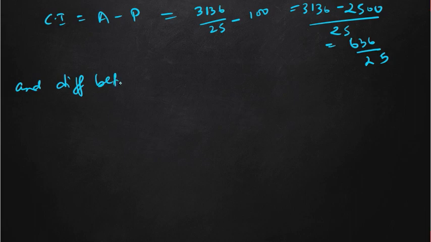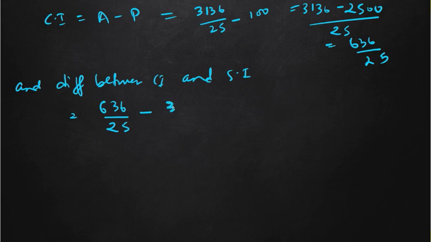Okay, and the difference between compound interest and simple interest: as 636 by 25 will be bigger, we subtract the simple interest, which was 24.